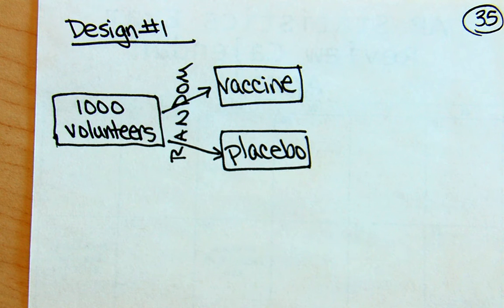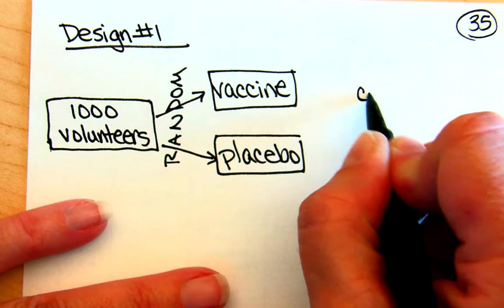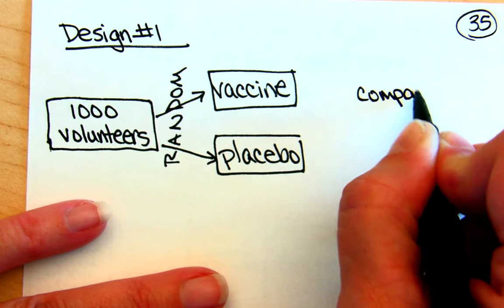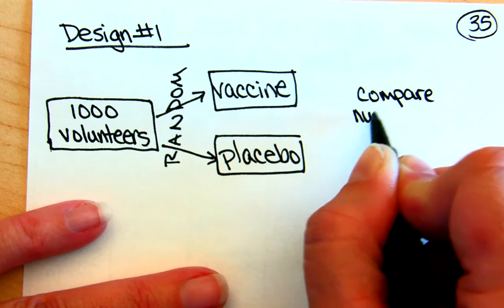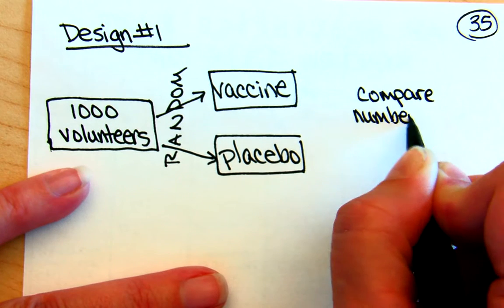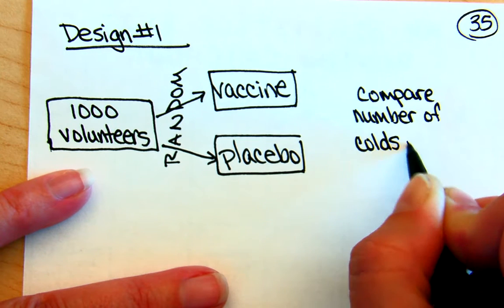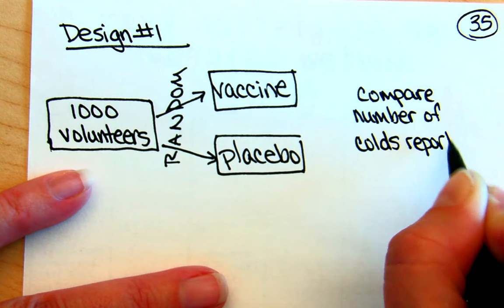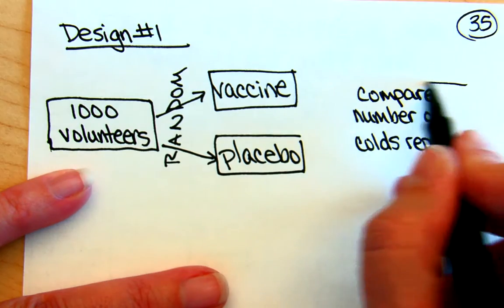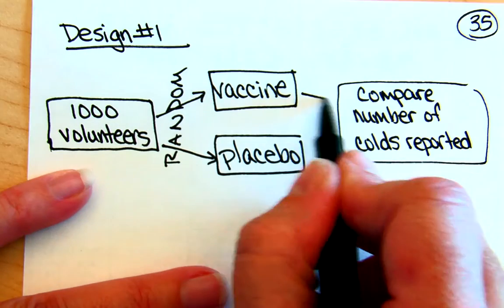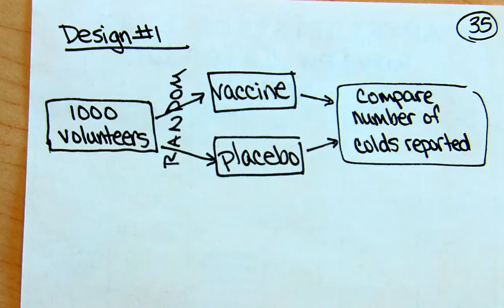Then it says, over the course of several months, the researcher tracks and records the number of colds reported in each group. That's our response variable. So we're going to compare the number of colds reported. So that would be our completely randomized design.